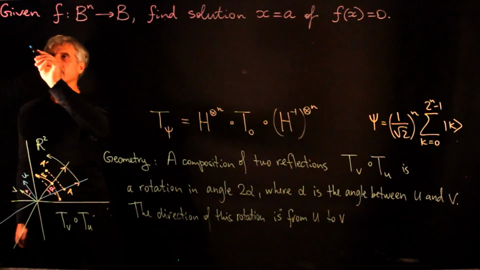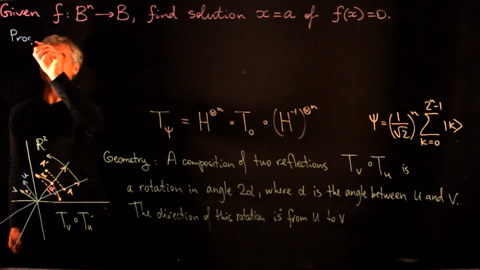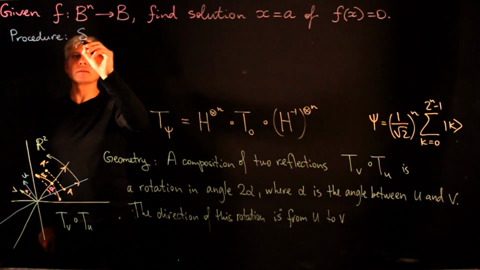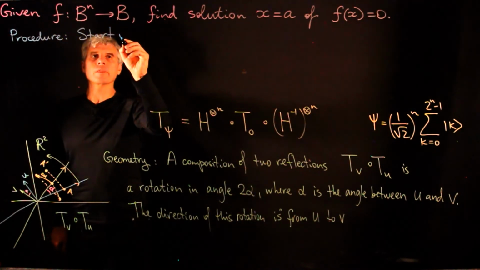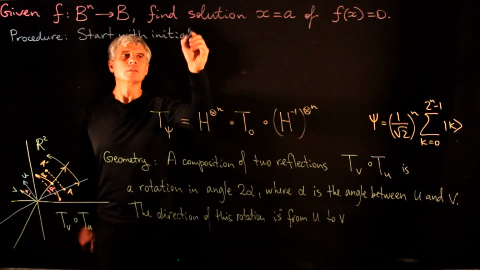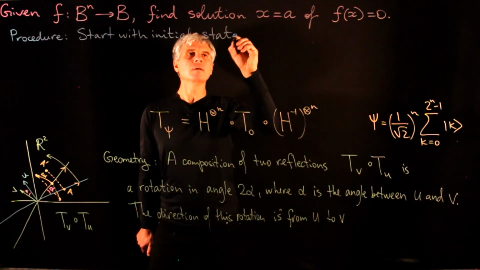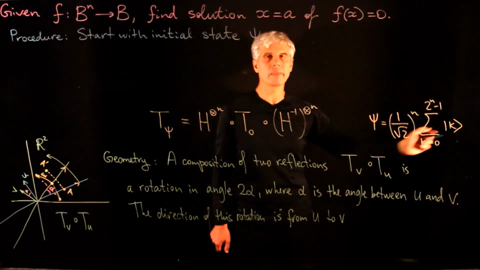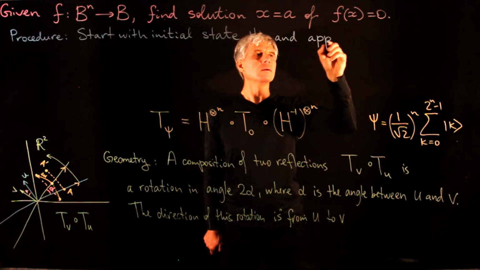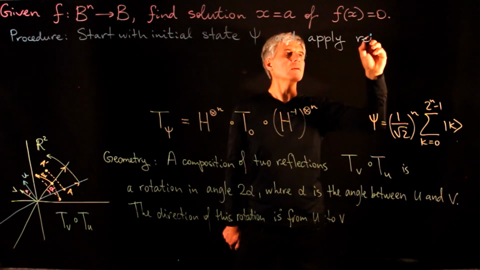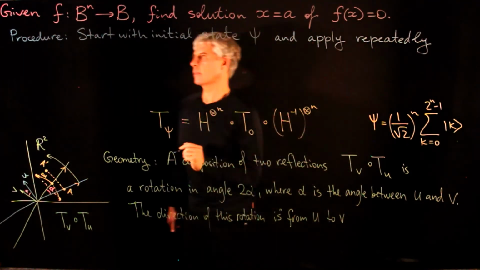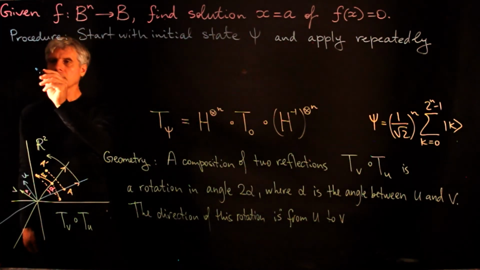Now, what are the steps that we're going to execute? We start with the initial state psi and apply repeatedly the composition of two reflections.